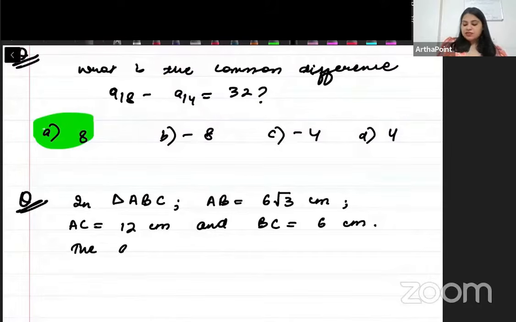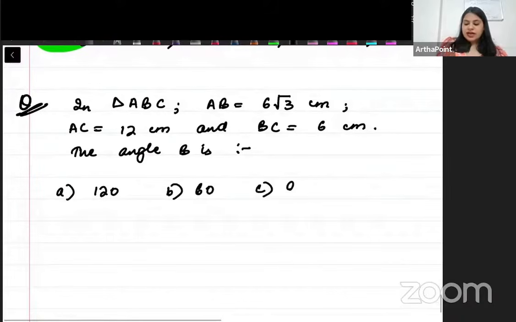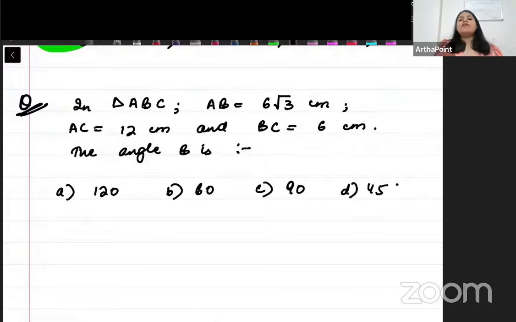The angle B is, and the options given to you are 120, 60, 90, and 45. You have to give what angle B will be. Take a moment. Try to do this yourself first.